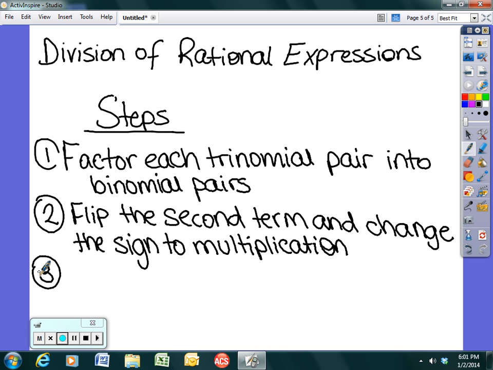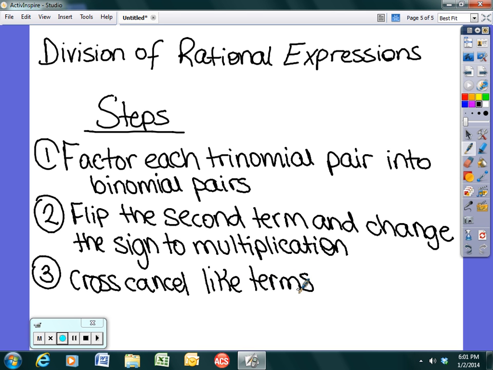Step 3, now we can cross cancel like terms. And step 4, multiply to find a solution.